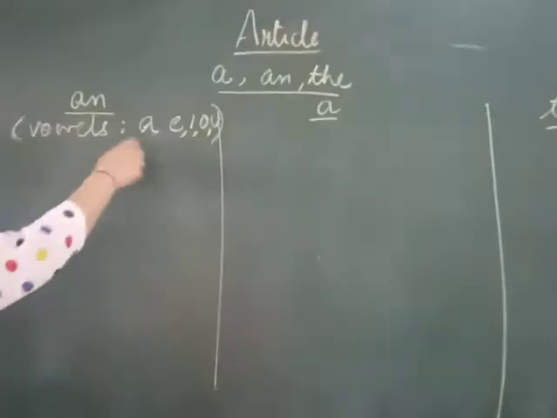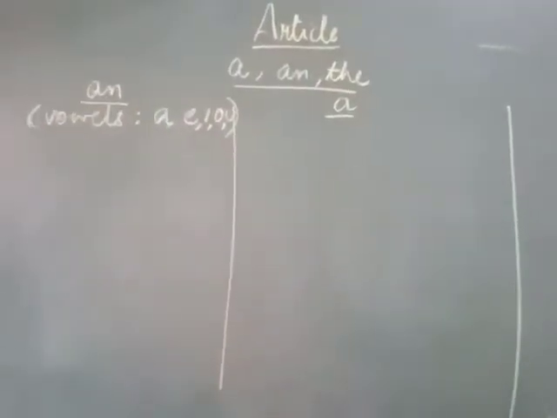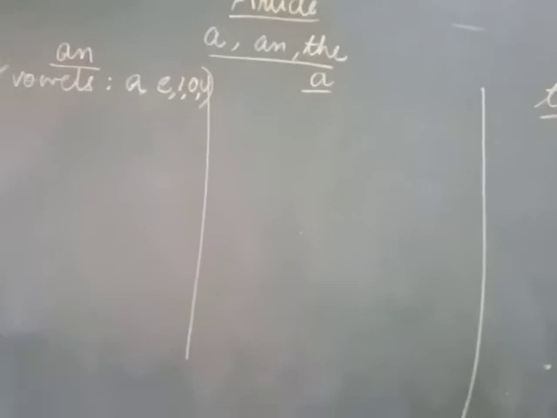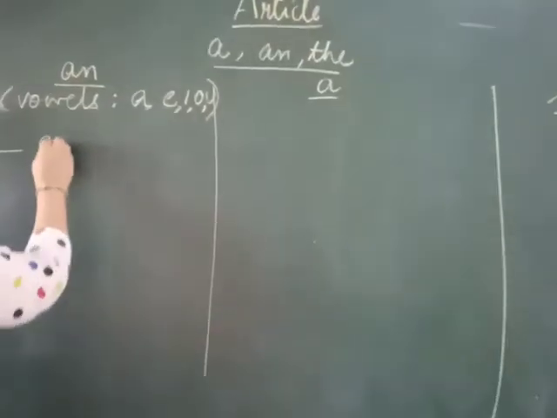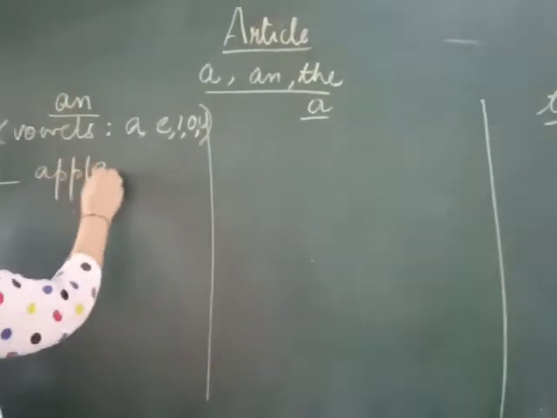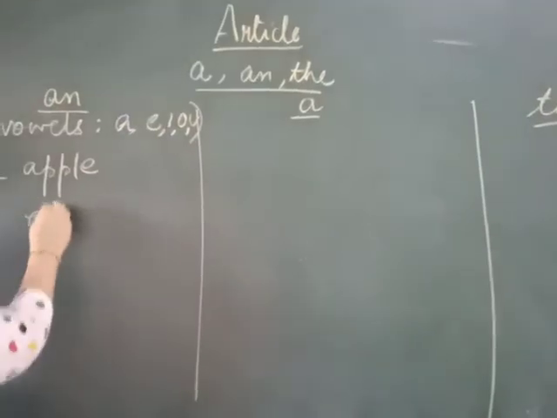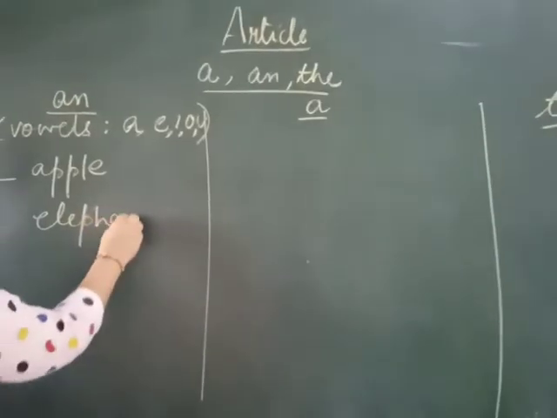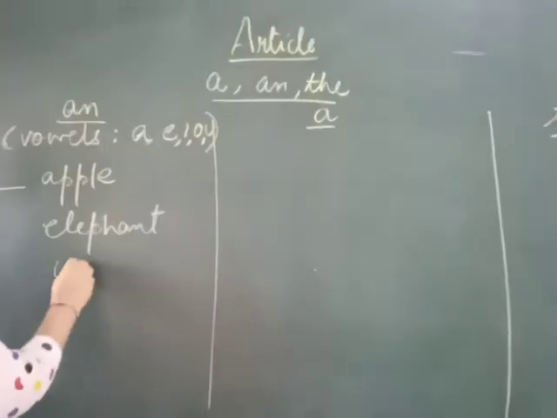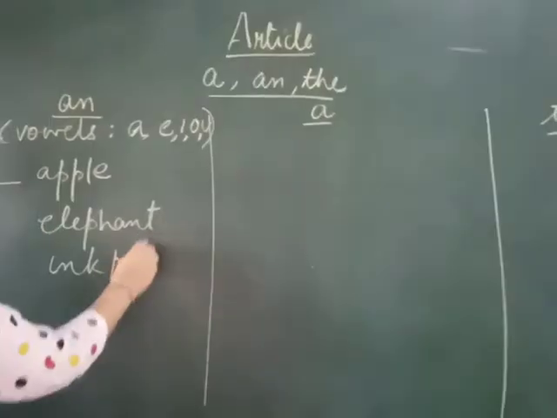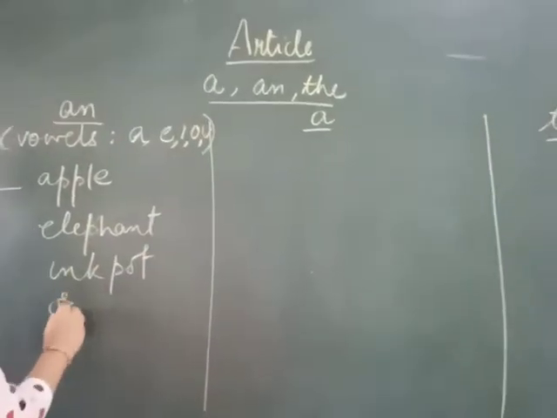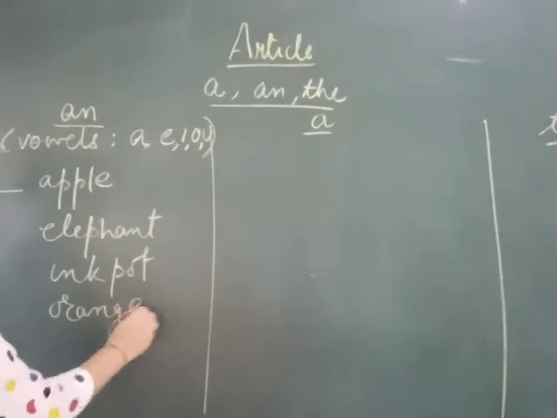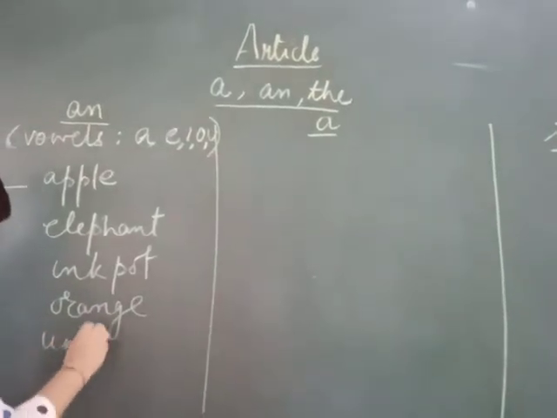Like, let's start with A. I will write apple, E, elephant, I, import, O, orange and U, umbrella.